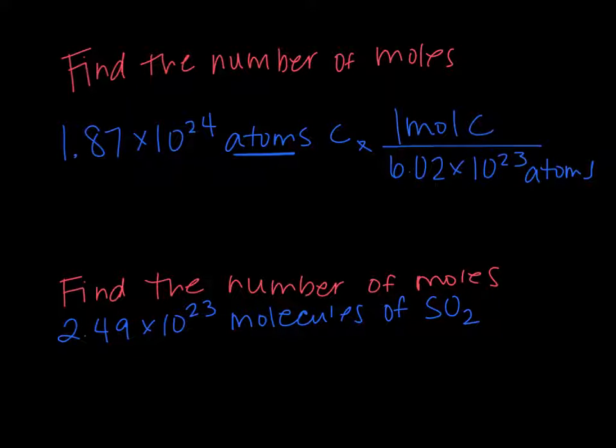And so atoms will cancel with atoms, and we'll end up with moles of carbon. So we'd take 1.87 times 10 to the 24th, and we'll divide it, because this is in the bottom, by 6.02 times 10 to the 23rd. And we end up with 3.11 moles of carbon.